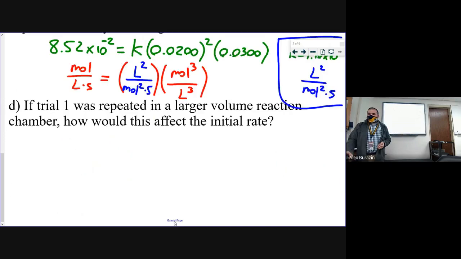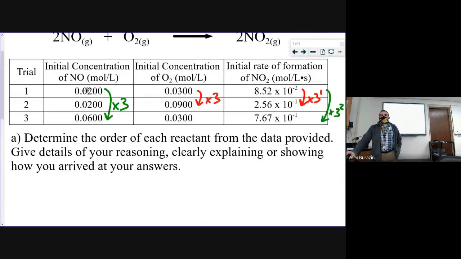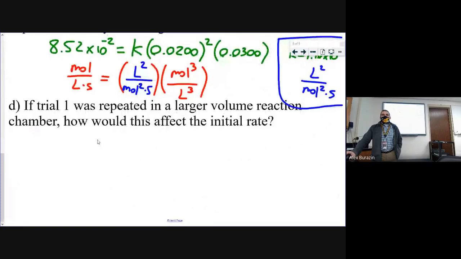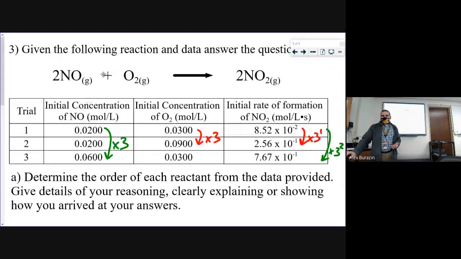So, all right. If trial 1 was repeated, if they did it all over again, they kept the molarities the same. They had 0.02 molar of the nitrogen monoxide, 0.03 molar for the oxygen. If they kept the molarities the same, but instead they had these two gases react with one another in a bigger reaction vessel, in a bigger container, whatever you want to call it, would we expect this to go faster or slower if I have these two gases in a larger container?